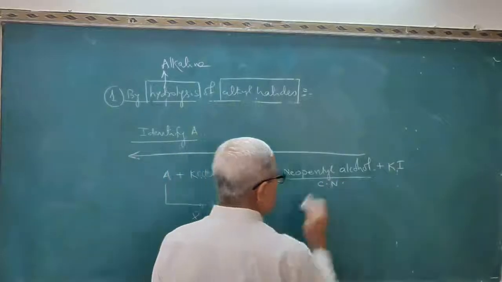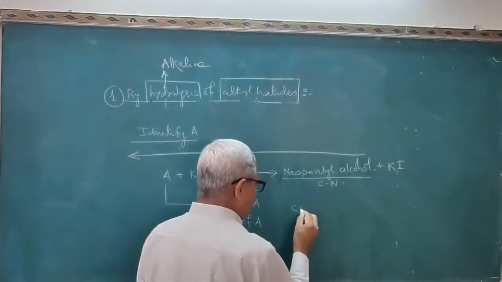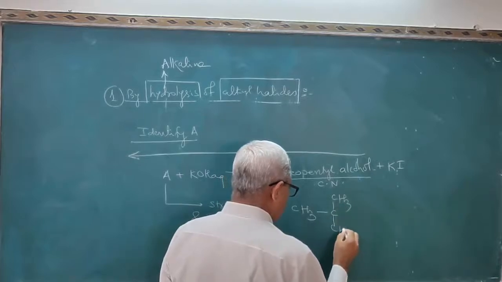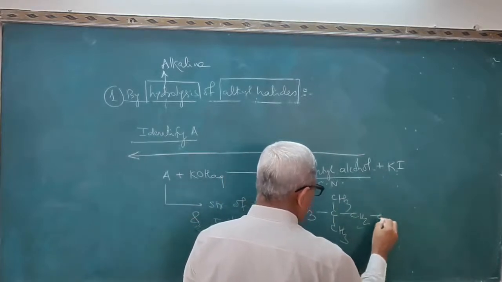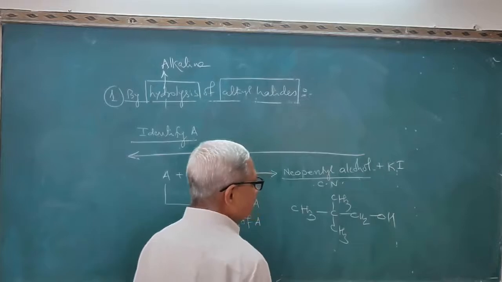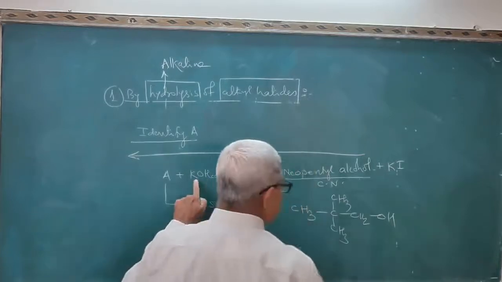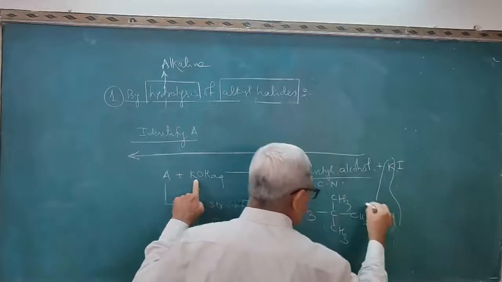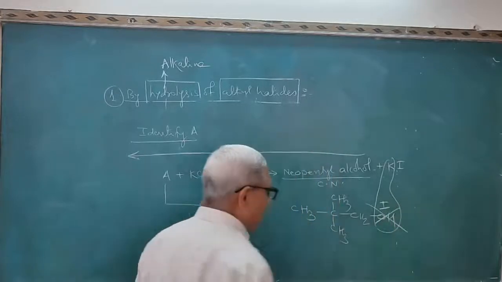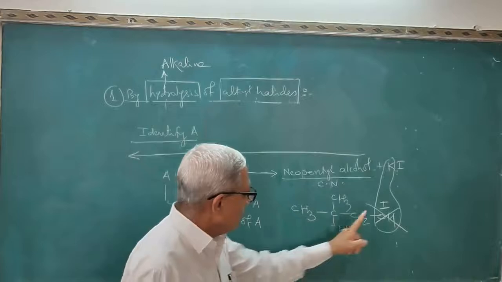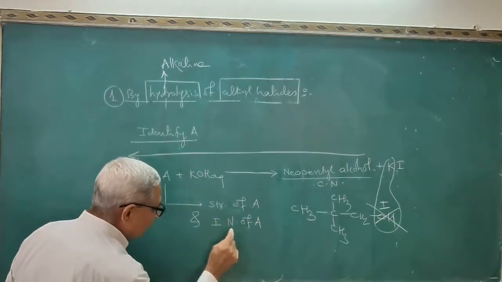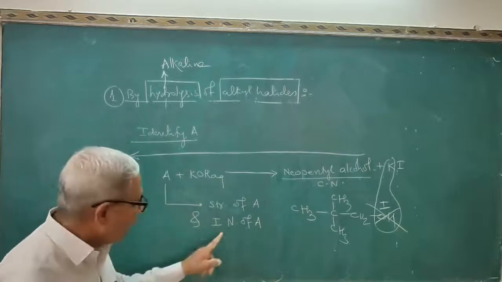Now see, first write the structure of neopentyl alcohol. This is the formula for neopentyl alcohol. In this reaction, KOH is there. It is a substitution reaction, that is, this OH will be replaced by the I. So what you will get here is neopentyl iodide. But in this case, you are asked the IUPAC name.